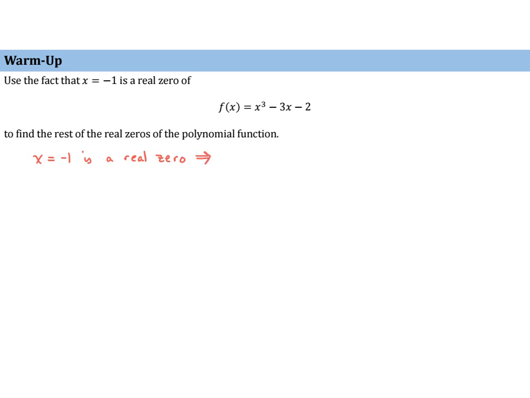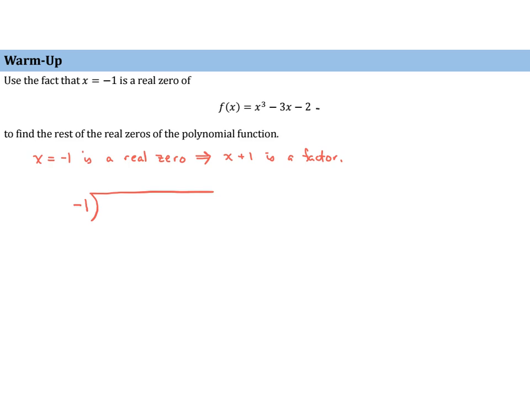So if x equals negative 1 is a real zero, then x plus 1 is a factor. So let's use that information. Let's divide. So synthetic division would yield for us, now keep in mind that we have a missing term here.